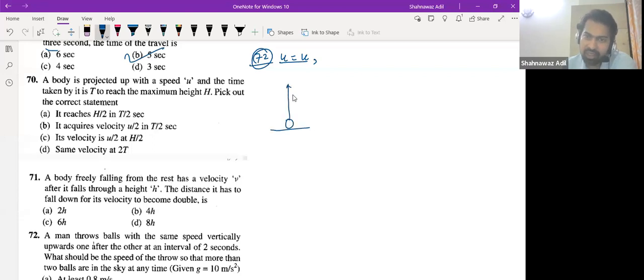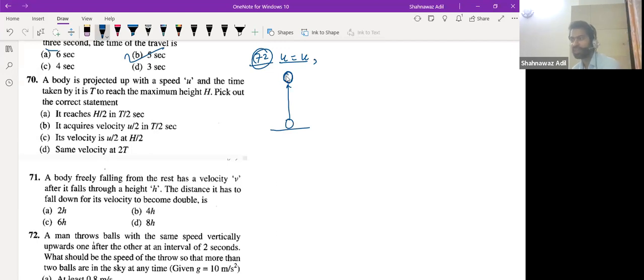So whenever it reaches the maximum height, what happens with the velocity? After reaching a certain point, the velocity will decrease, right?